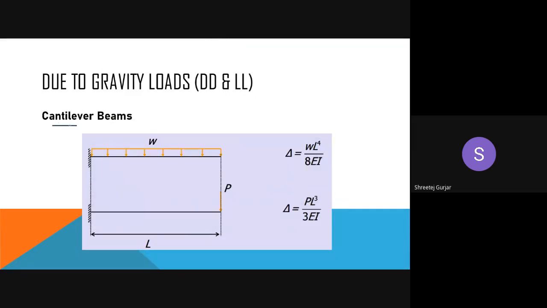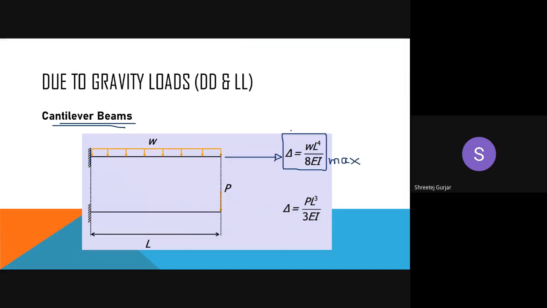Now if you have a cantilever beam, it is fixed at this end and free at the other end. You have a UDL acting throughout your cantilever beam. This is the deflection occurring in your cantilever beam: WL raised to 4 by 8 EI.